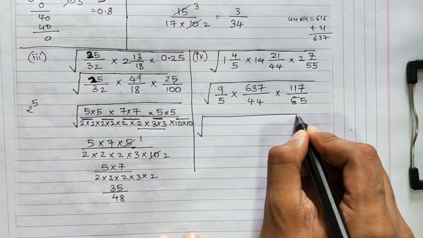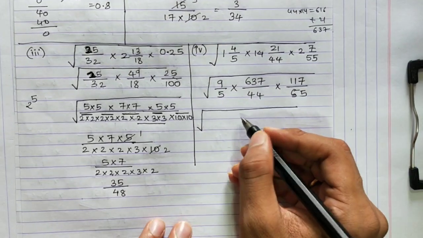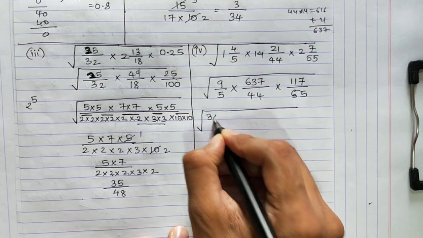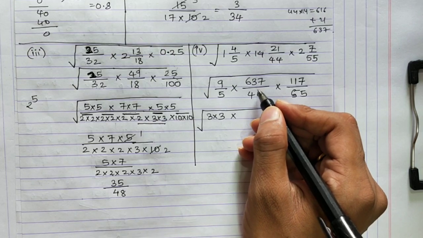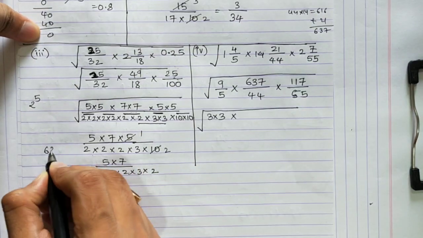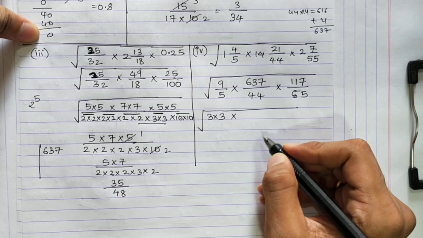Now we'll prime factorize these numbers. This 9 is 3 into 3. 637 is a big number, so it is better if you prime factorize it.